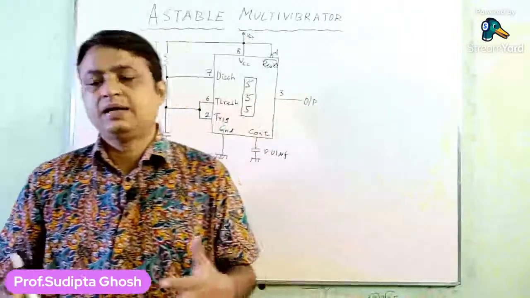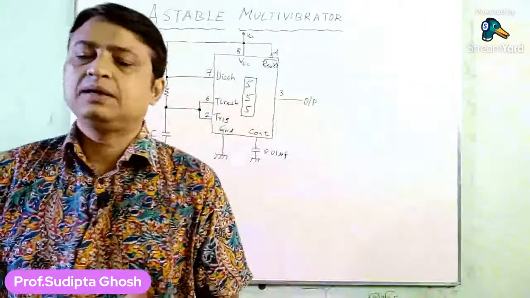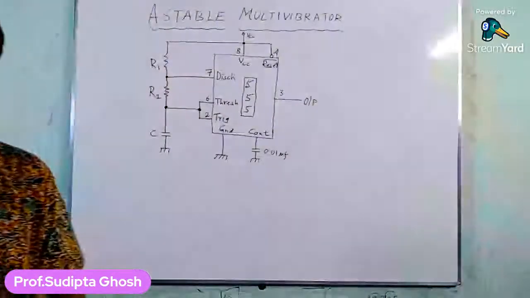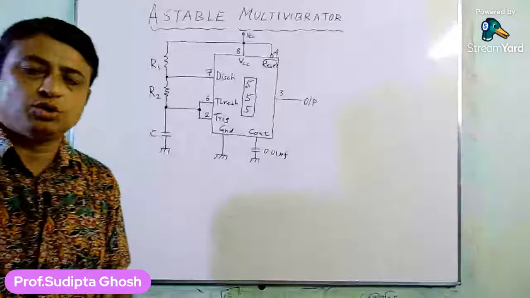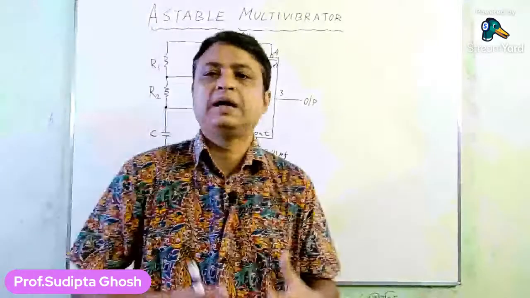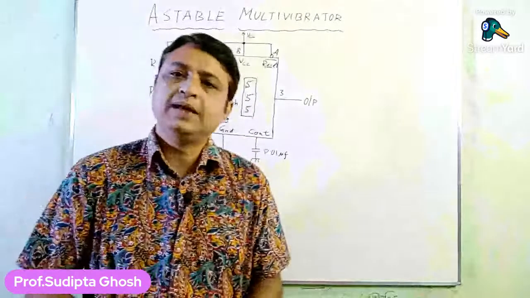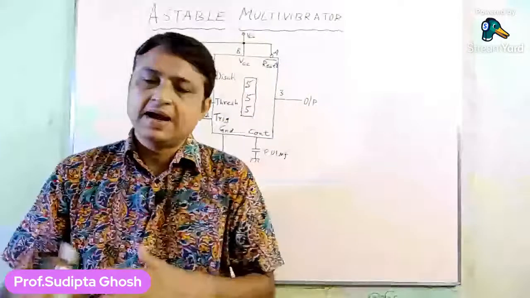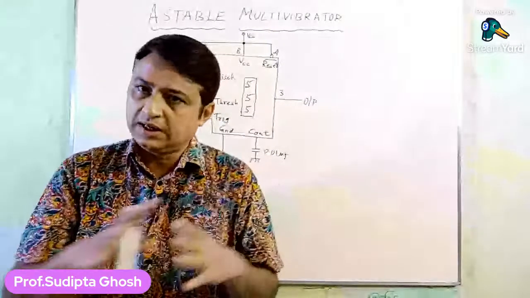Now in an astable multivibrator, there are no stable states at all. The output waveform is like a wave train and it will go on continuously.